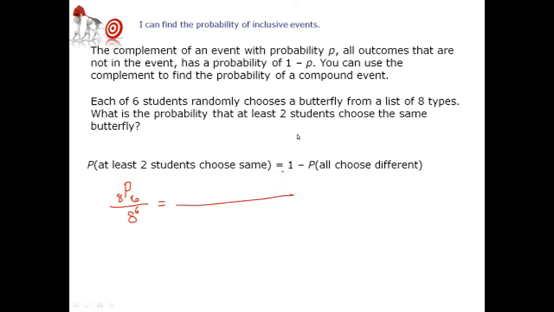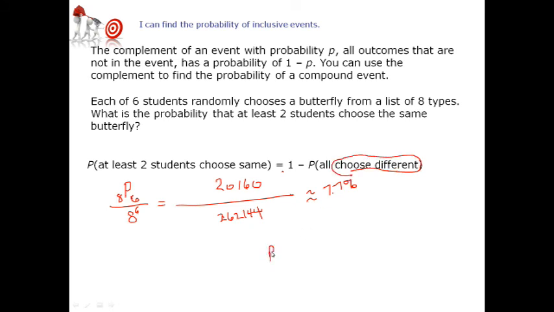And I'm going to get 20160 over 8 to the 6th, which is 262,144, which is approximately 7.7%. So this is the probability that they all choose different butterflies.